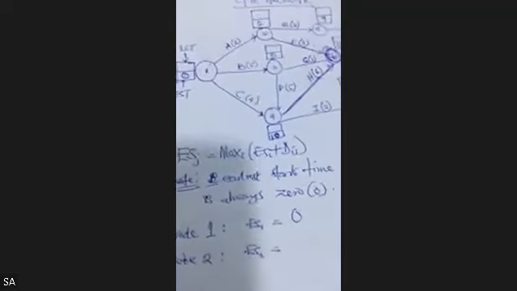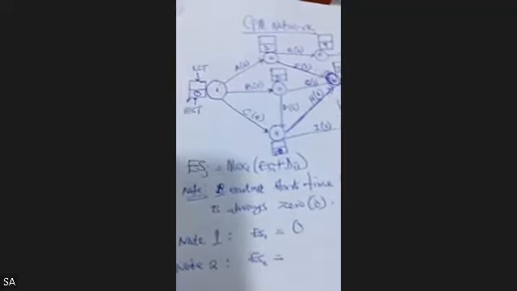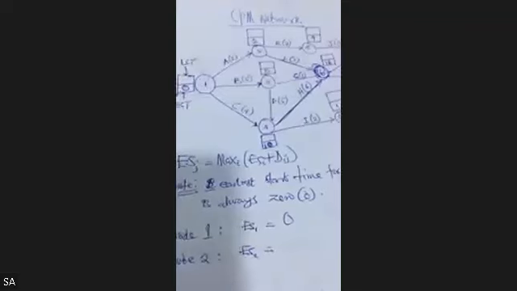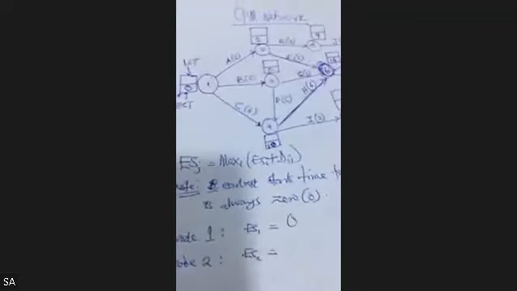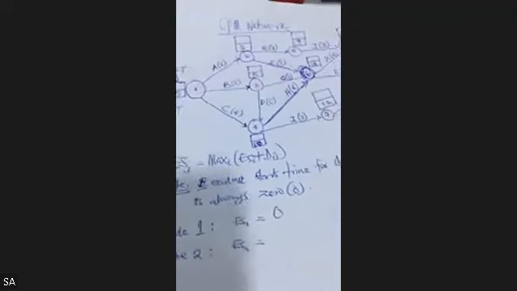And in obtaining them, you need the earliest starting time, which is the forward pass, and the latest completion time, which is the backward pass. Forward pass and backward pass. Then you use that to calculate critical paths. So critical path is not equal to what you got as 28. That is not the critical path. So let's follow step by step.